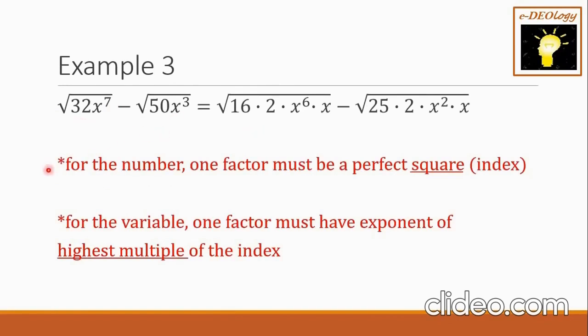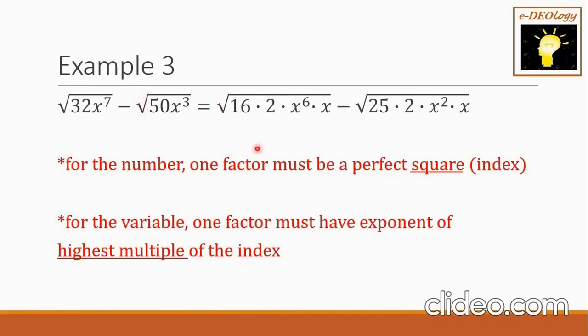So we will be guided by this principle. For the number, one factor must be a perfect square. Since our index here is 2, we're looking for a factor that is a perfect square. It means, in another problem, if your index is 3, a cube root, you must look for a perfect cube factor.